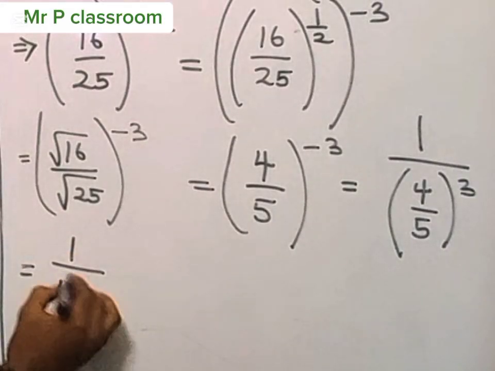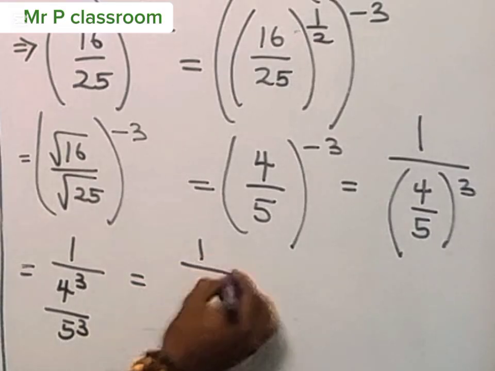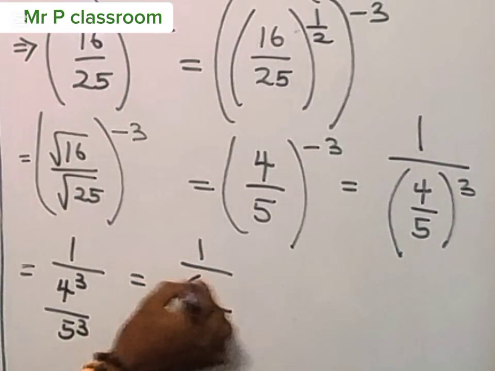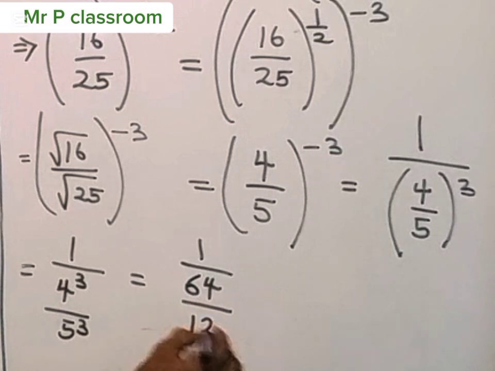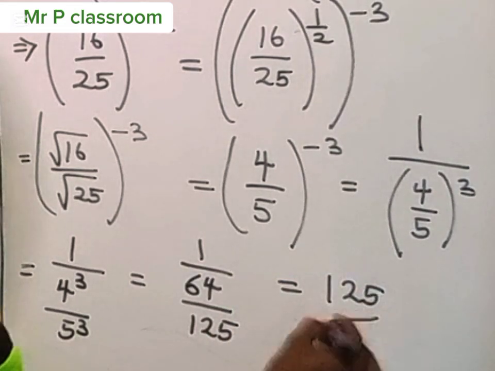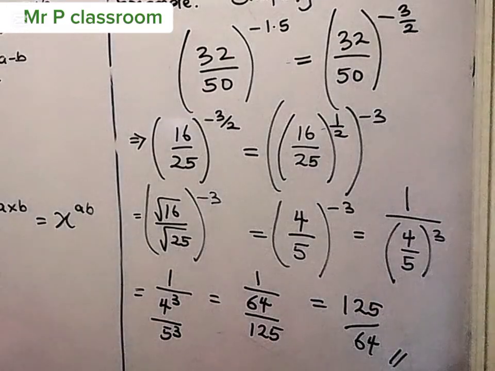That is 1 over 4 raised to the power of 3 over 5 raised to the power of 3, which is 1 over 64 over 125. If you invert this, you have 125 over 64. That's my final answer.